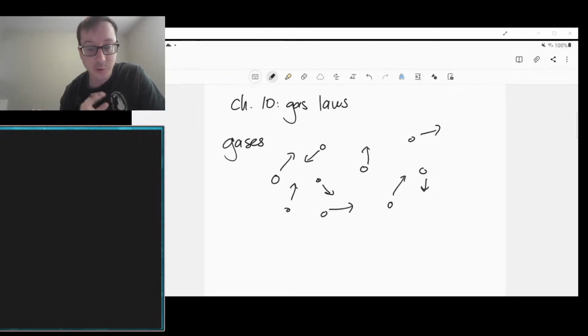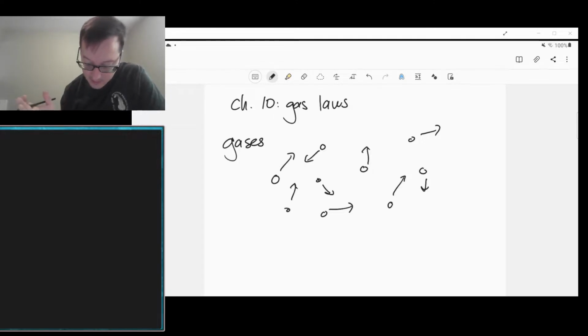We're going to see for this entire chapter the identity of our substance does not matter. A molecule of methane behaves the same as a xenon atom in terms of gas behavior. So we're going to see that all gases behave exactly the same, though we'll see next time there are some minor changes that we have to do later on. But generally speaking, the trends about gases are all the same, no matter what they are.